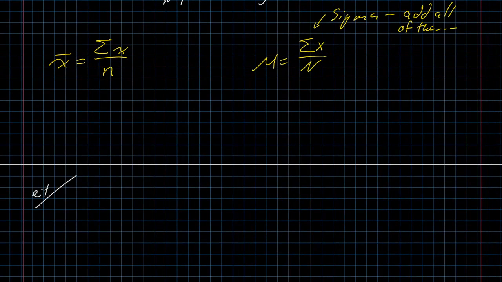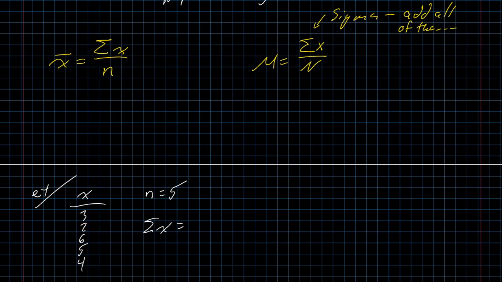So for example, if I'm looking at a relatively simple distribution, I have x values of 3, 2, 6, 5, and 4. I can see very quickly that there are 5 data points in this distribution, so little n is 5.